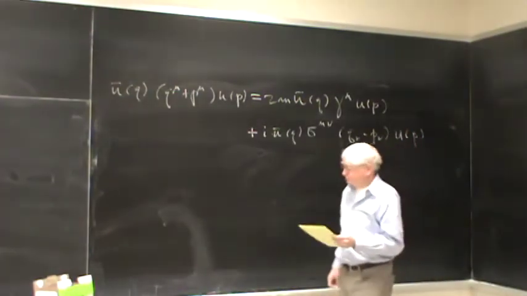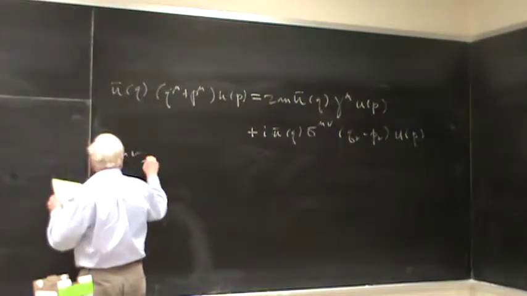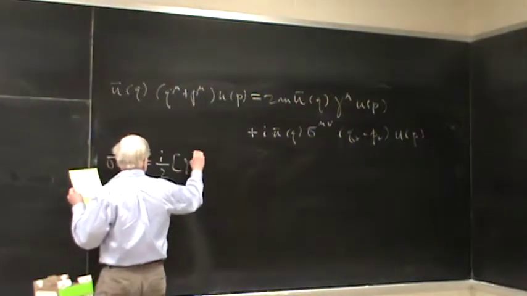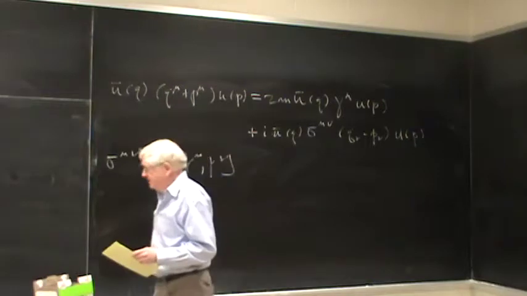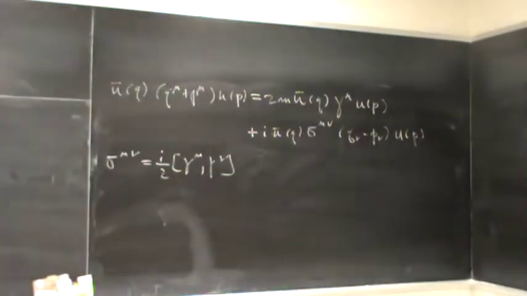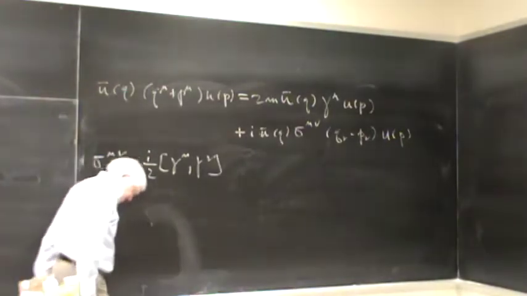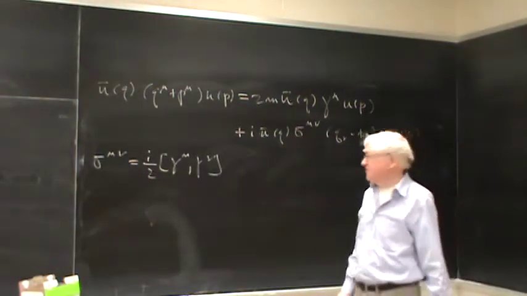Now here, σ^μν is i/2 γ^μ γ^ν. And let me say that in Weinberg's notation, of course Weinberg has gamma matrices that differ by i from Schwarz's because he uses a different metric.